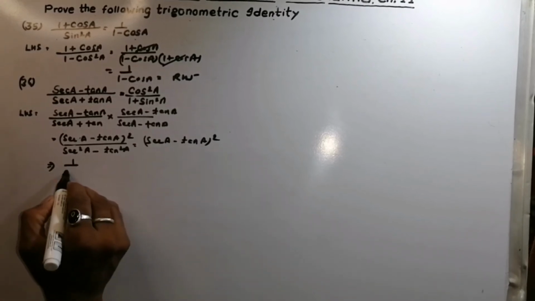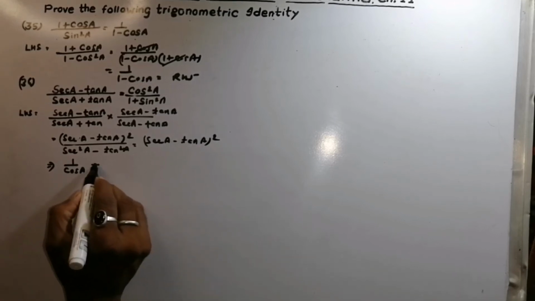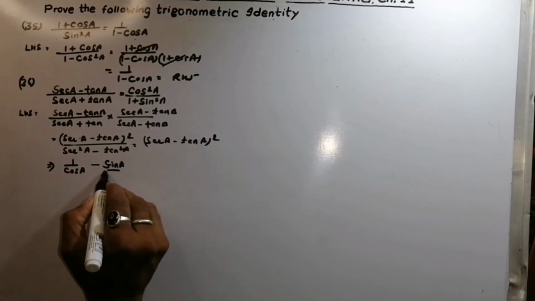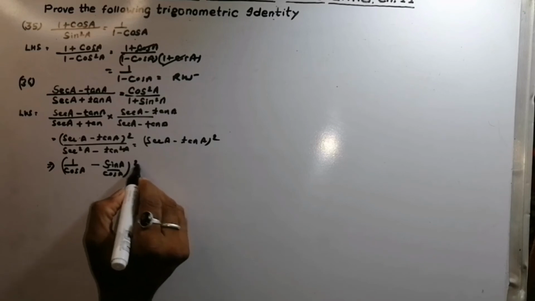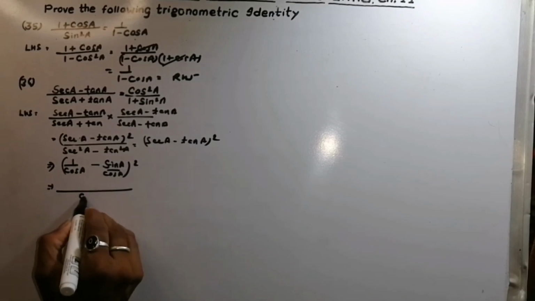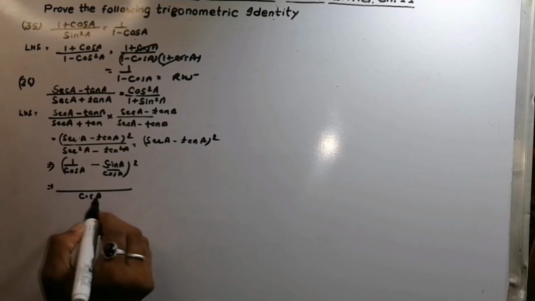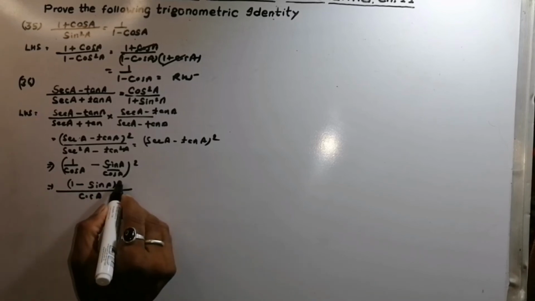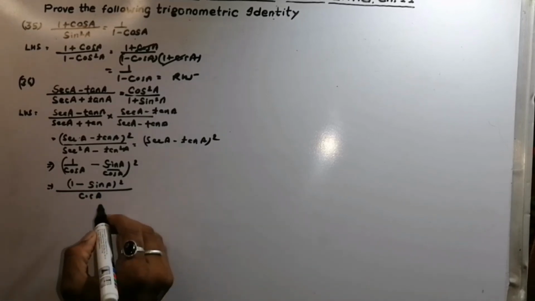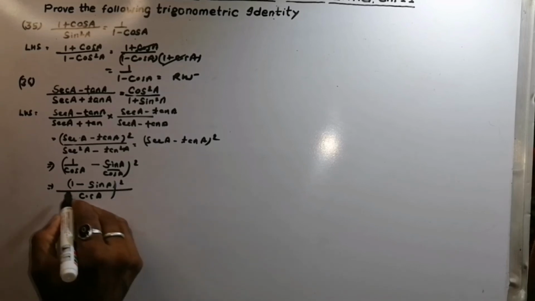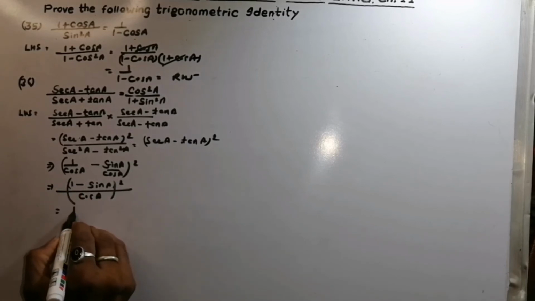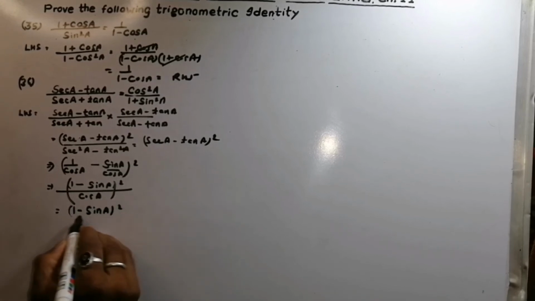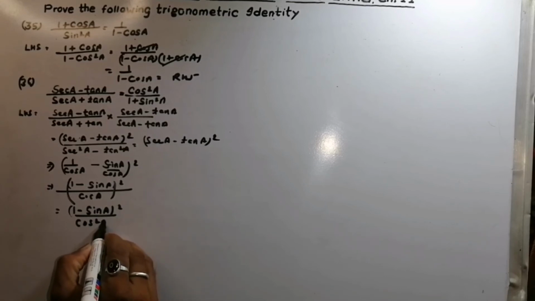In place of sec a, we can write 1 upon cos a, and in place of tan a, we can write sin a upon cos a, whole square. If we take the LCM, we get here 1 minus sin a whole square upon cos square a.